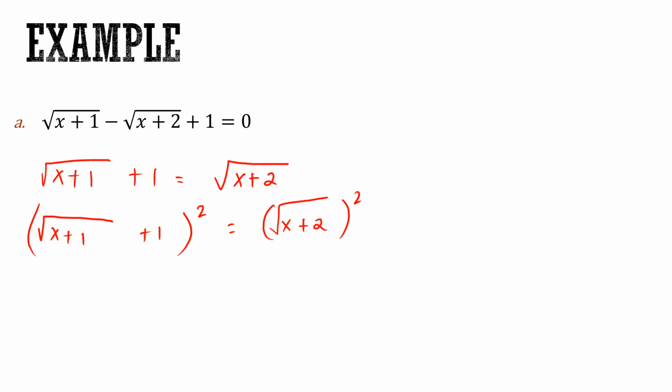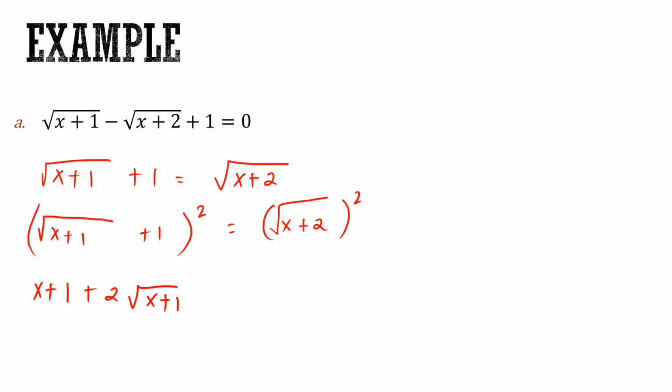Square root of x plus 1 times square root of x plus 1 is x plus 1. Then twice the product of the first term, which is square root of x plus 1, times 1 times 2, we got plus 2 square root of x plus 1.